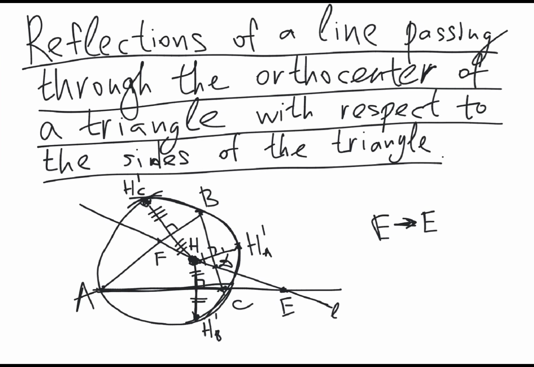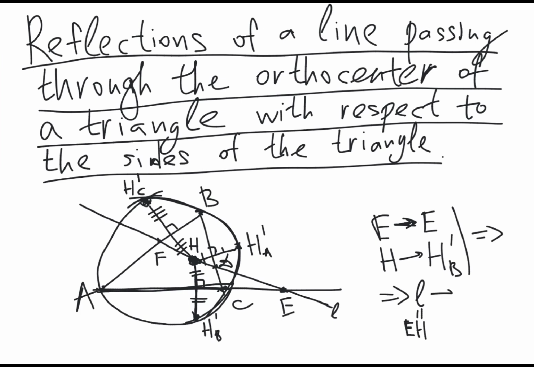So it stays the same, and the point H is mapped to HB prime from the theorem that I mentioned. From these two, it implies that this whole line L, which is the same as the line EH, the line EH, this is the line L itself.